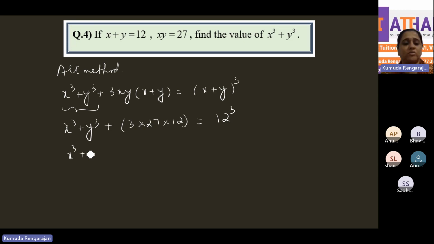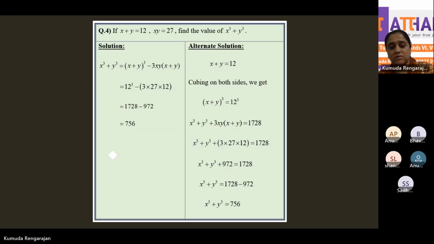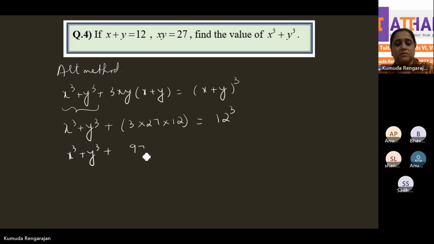So x cubed plus y cubed plus 972 is equal to 1728.